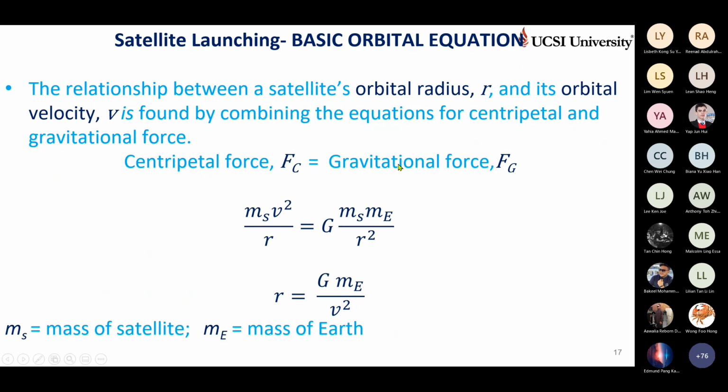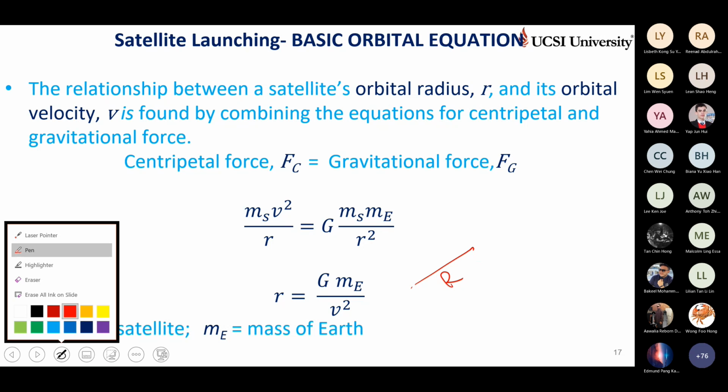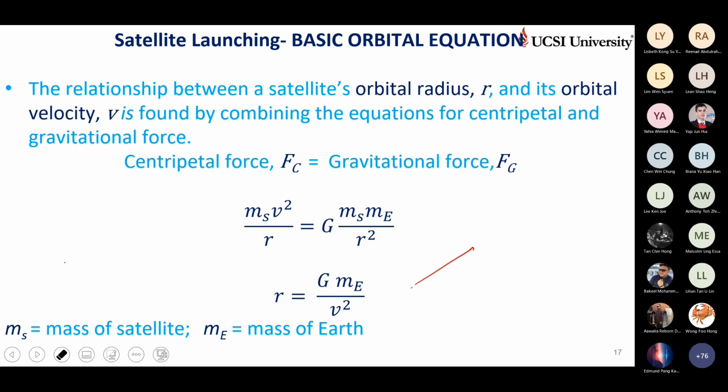When you balance these two, you can find the value of r, which will keep your object in orbit, always rotating with the radius r. Here is a small r. That is important. You have to design the object to put in orbit by calculating the r value.